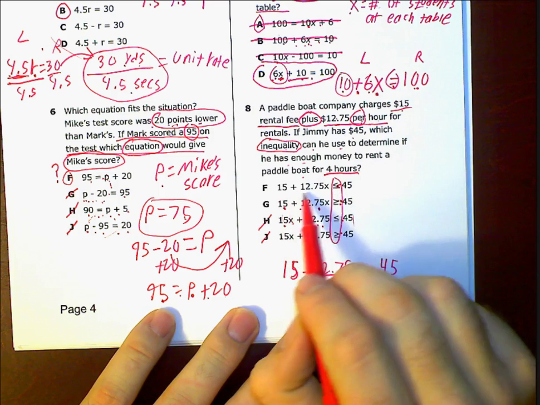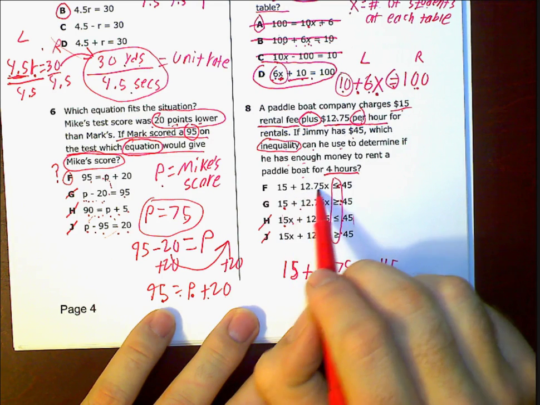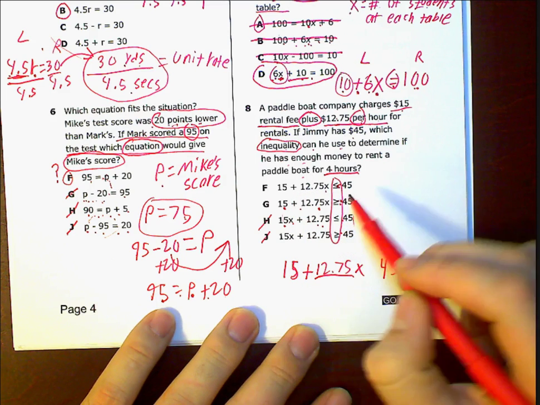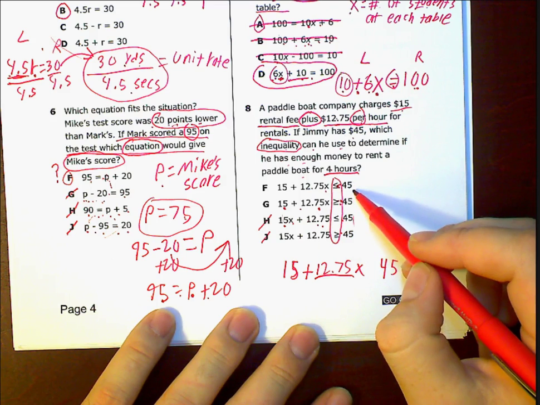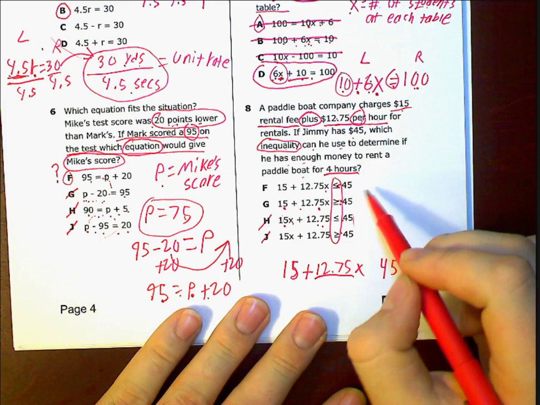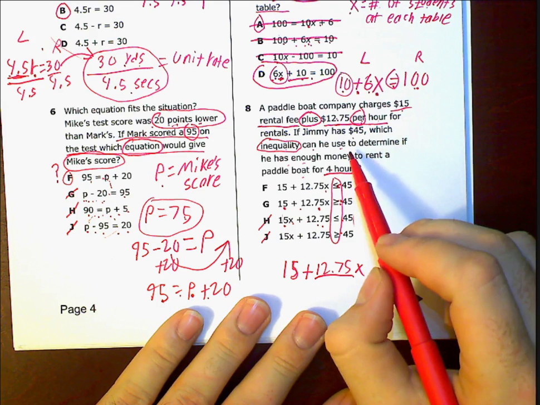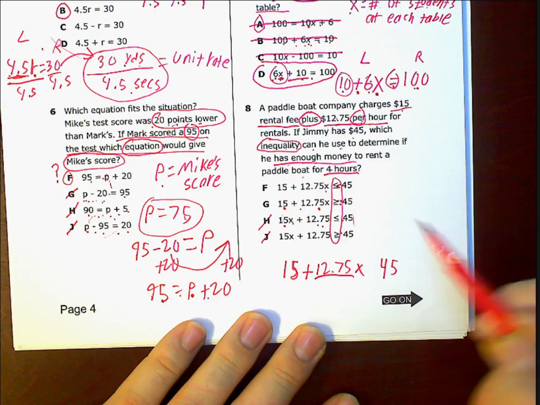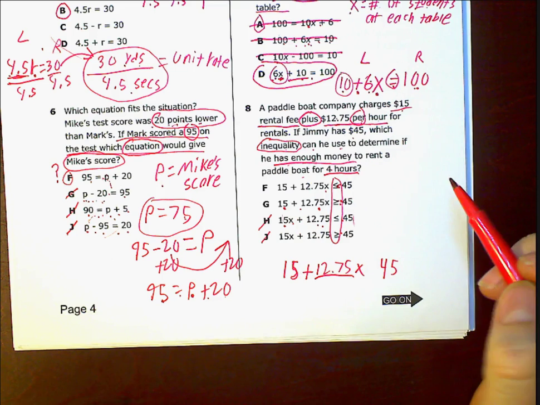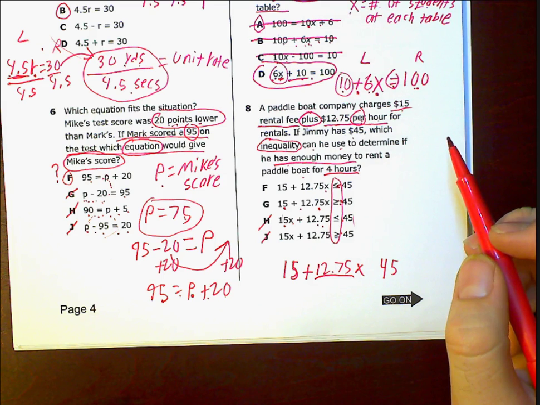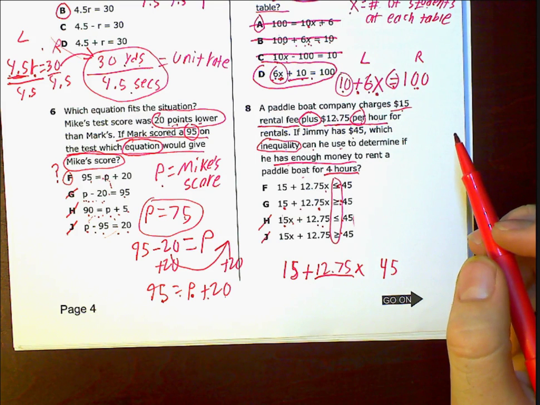So if this whole left side over here is going to add up to the total cost of renting for x amount of hours, and this right side is how much money Jimmy has, let's relate all that back to what we're trying to find out. We're trying to determine if he has enough money. So those words right there, if he has enough money, I would think of that as the cost of the ride needs to be equal to or less than how much money he has.